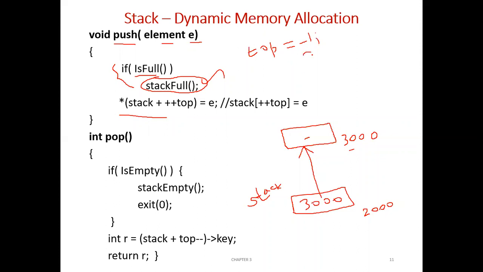So top becomes 0. 3000 plus 0 is nothing but 3000, so even if you apply the scale factor, nothing happens. This gives the address 3000. That is where we want to store, so we use store. The value at this location will be E. Whatever E we pass will come here.